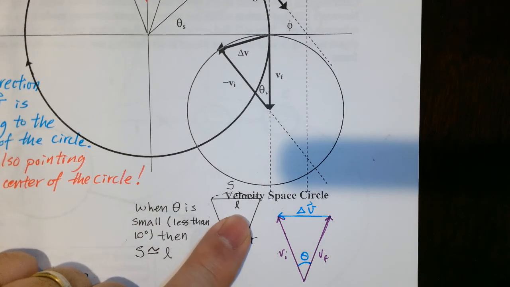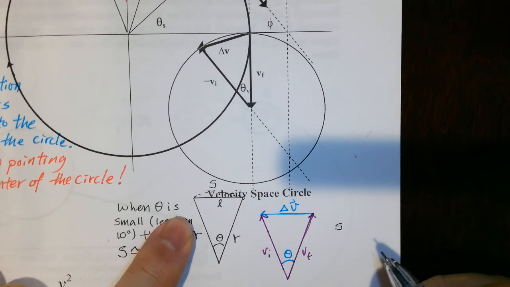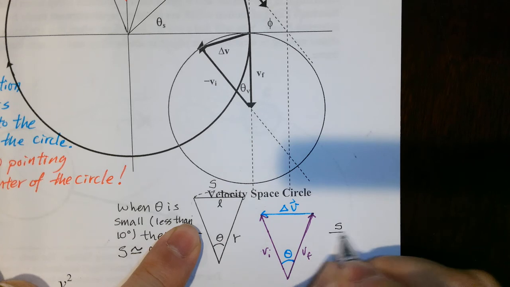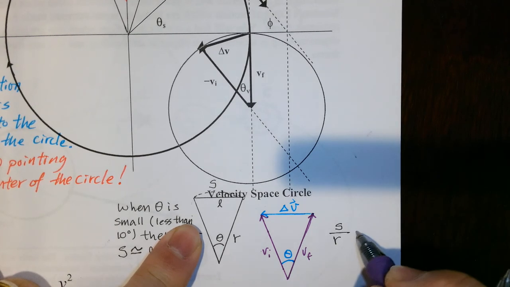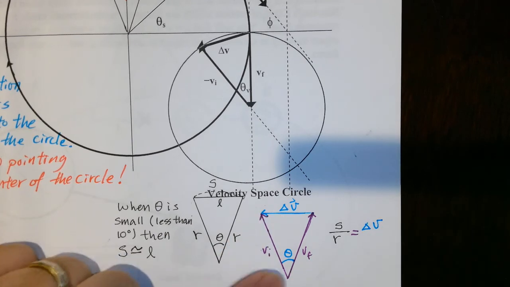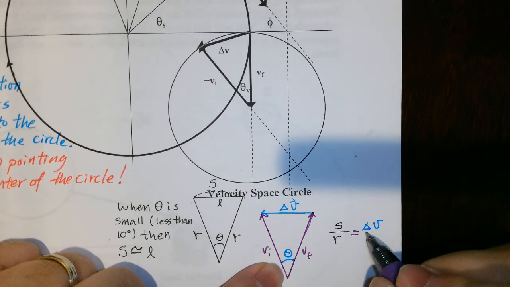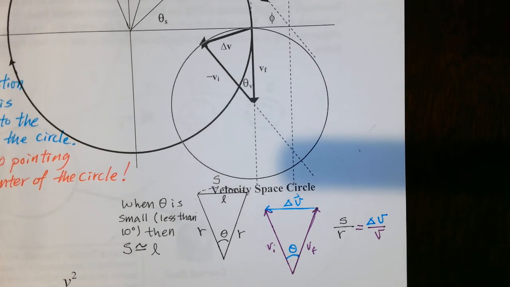So S over R has to be the same as delta V over V. Okay?